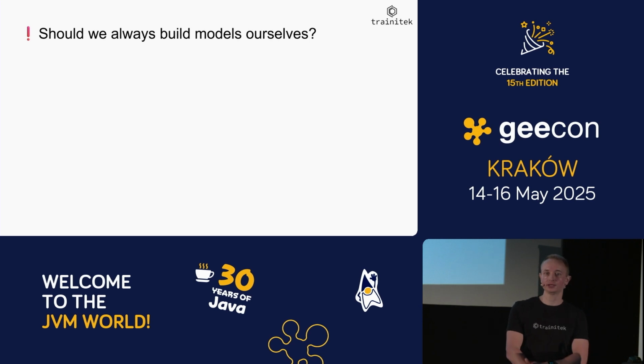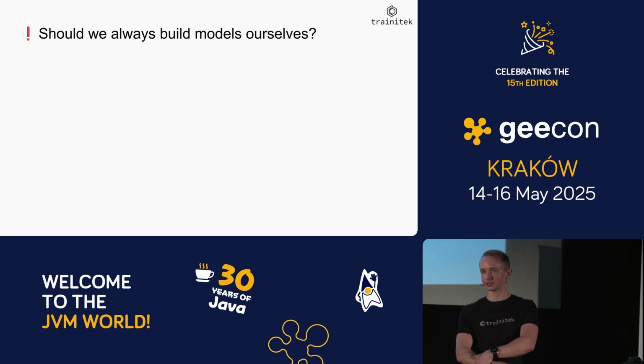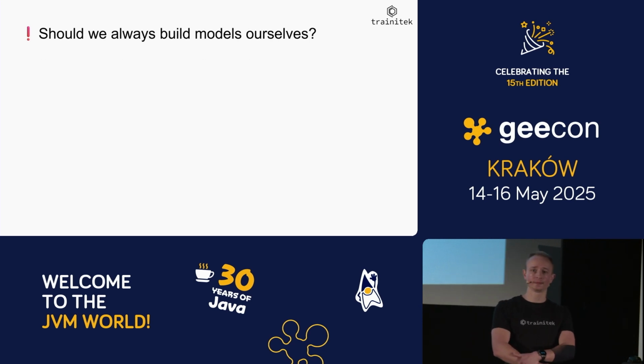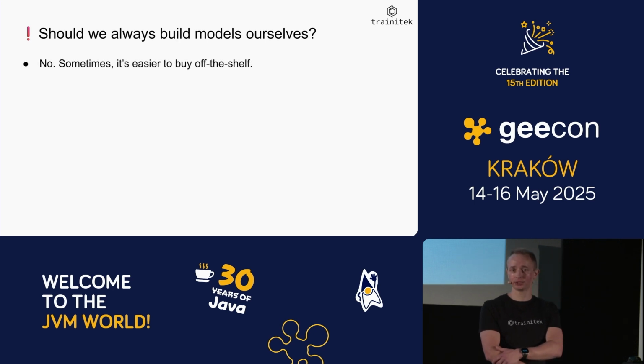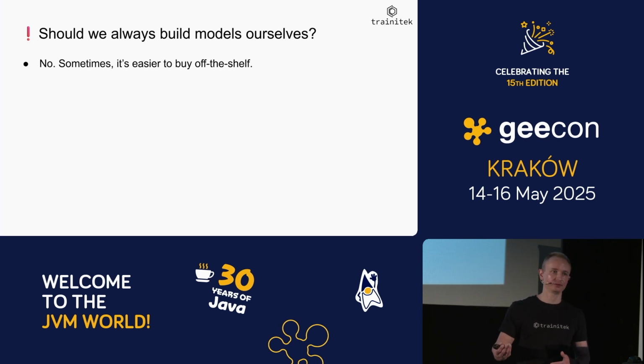Okay, so should we always build models ourselves? The answer is no, because sometimes it's easier to buy something off the shelf, and a very intuitive example can be payment. If you implement a system that needs to provide payment capabilities, most probably you will buy it and integrate with some payment provider instead of implementing it yourself.